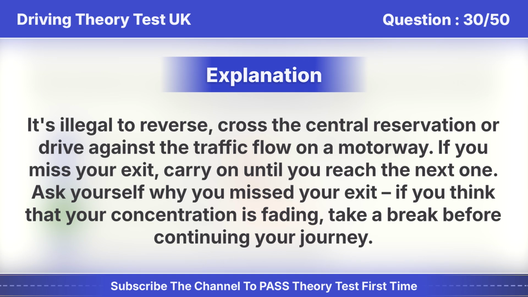It's illegal to reverse, cross the central reservation or drive against the traffic flow on a motorway. If you miss your exit, carry on until you reach the next one. Ask yourself why you missed your exit. If you think that your concentration is fading, take a break before continuing your journey.